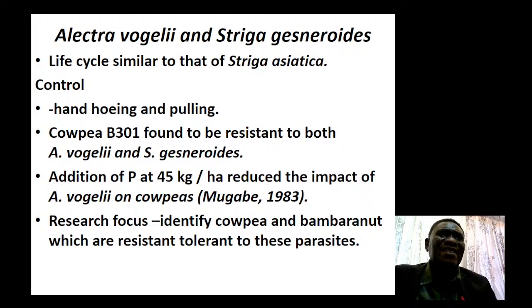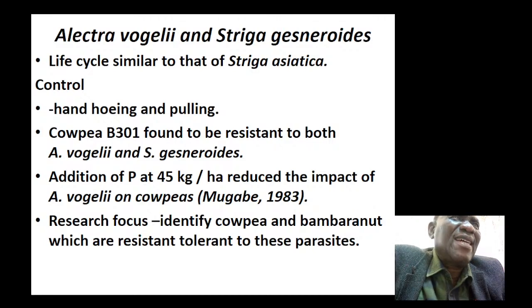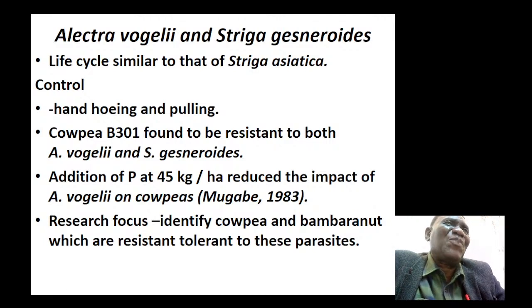And also the addition of phosphorus, at 45 kg per hectare, was found to reduce the impact of Alectra vogelii on cowpeas. This was reported by Mugabe in 1983.